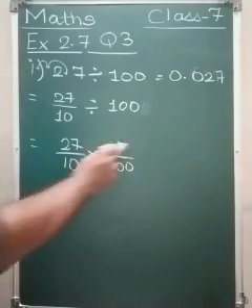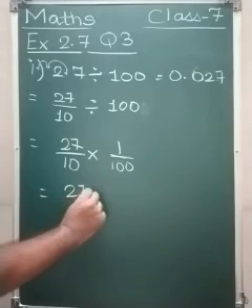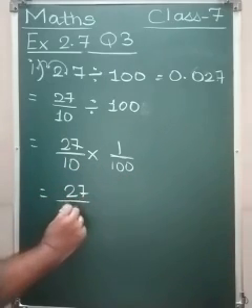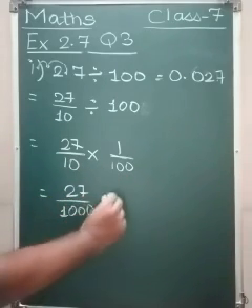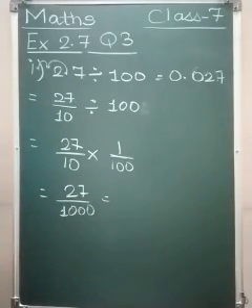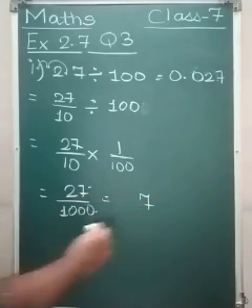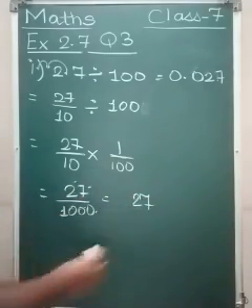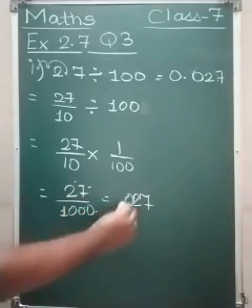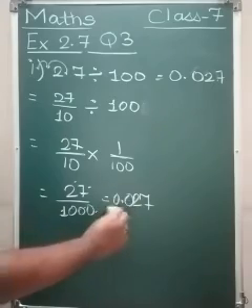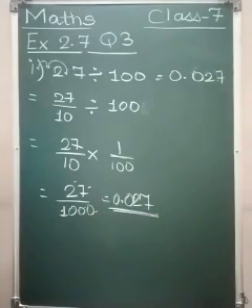Now 27 into 1 would be 27. 10 into 100 would be 1000. So this equals, 1, 2 for this 0, 7 for this 0, 2 for this 0, no number, so 0, 1 comes, decimal point, 0.027. Done. The answer we got is right.